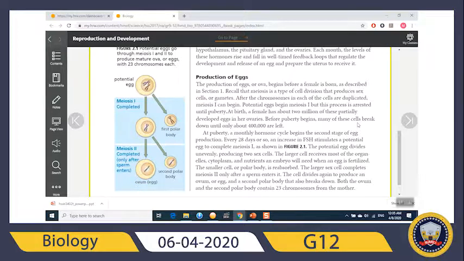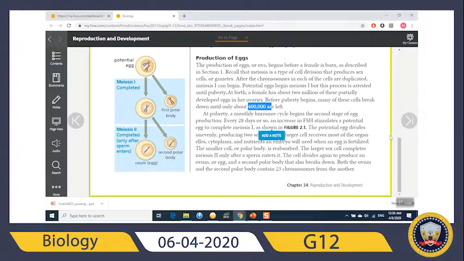More than three quarters of these 2 million eggs will break down until only 400,000 cells are left. Now, at puberty, a monthly hormonal cycle begins in females.